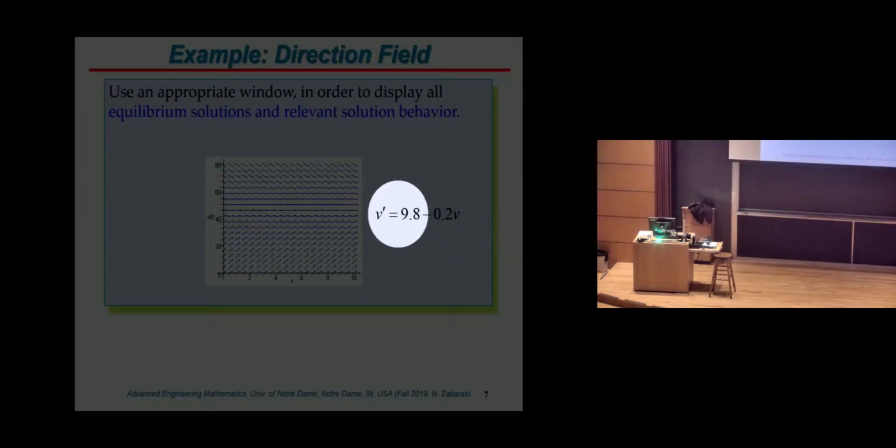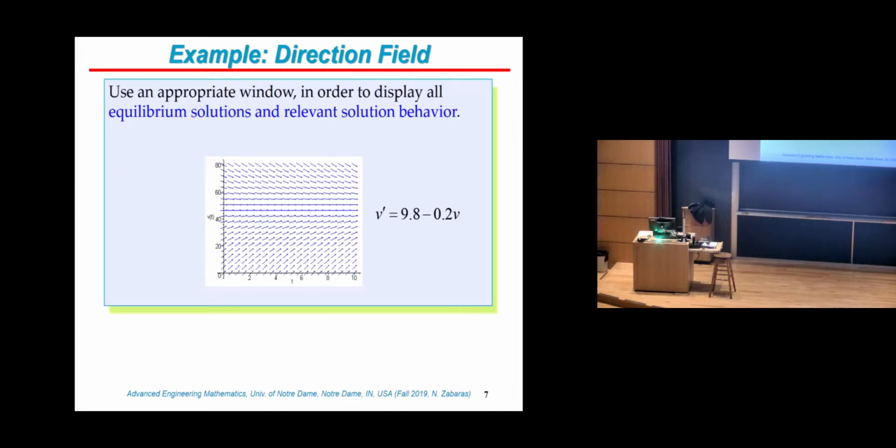Okay, so m times the acceleration is the weight minus some resistance, and what you see is what is called the direction field. It's basically a qualitative way to understand the solutions of the ordinary differential equation without actually having to solve it.